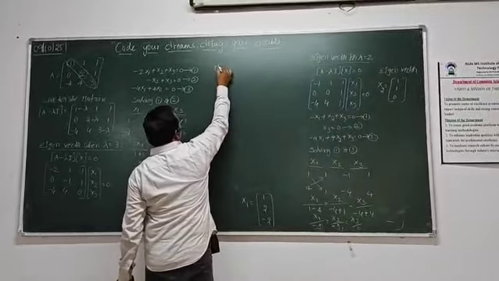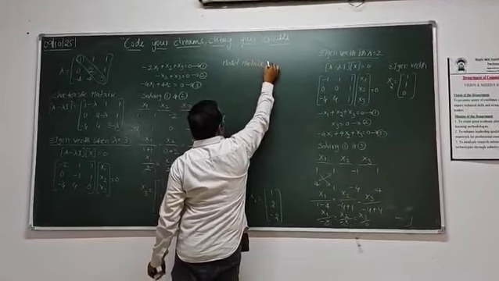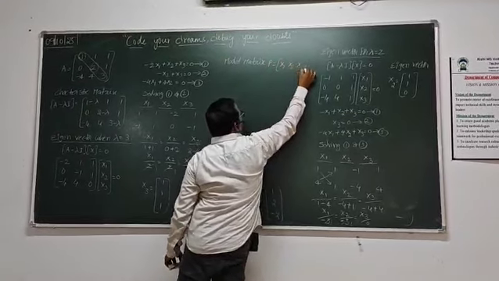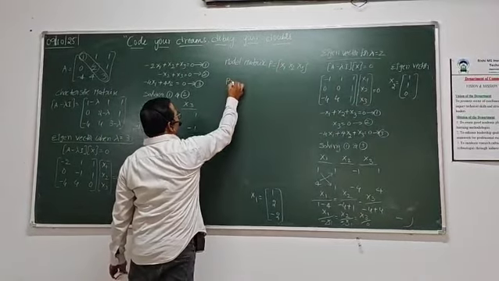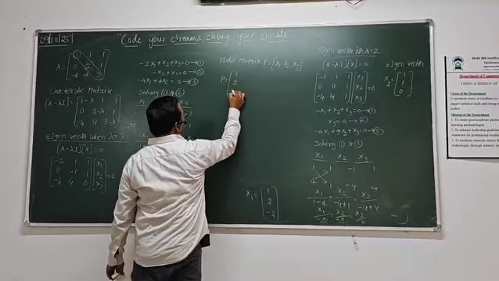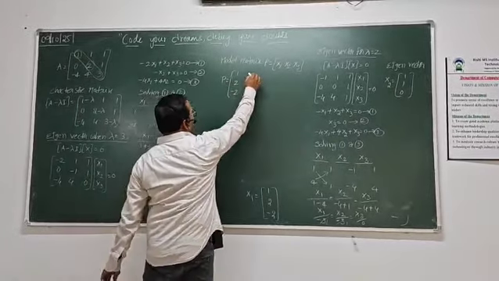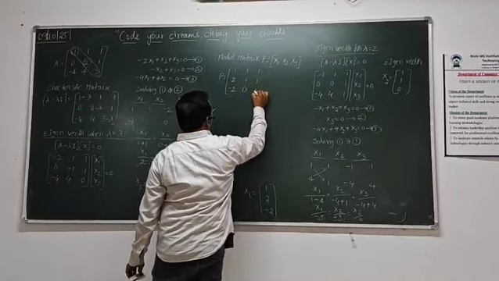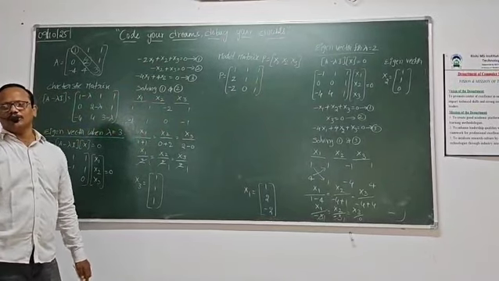P equal to x1 values 1, 2, minus 2. And x2 is 1, 1, 0. And x3 equal to 1, 1, 1. This is the model matrix. If P not equal to 0, then P inverse exists.